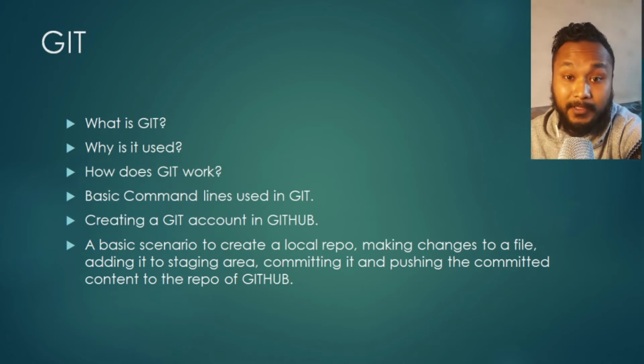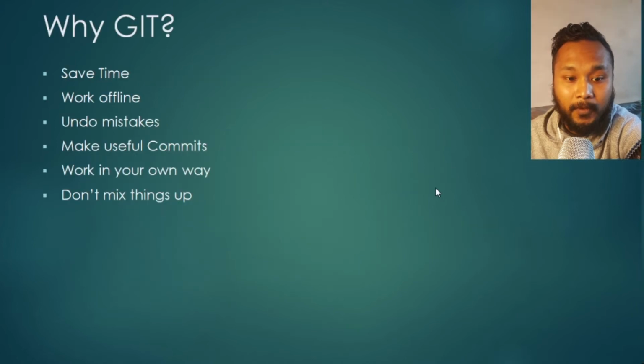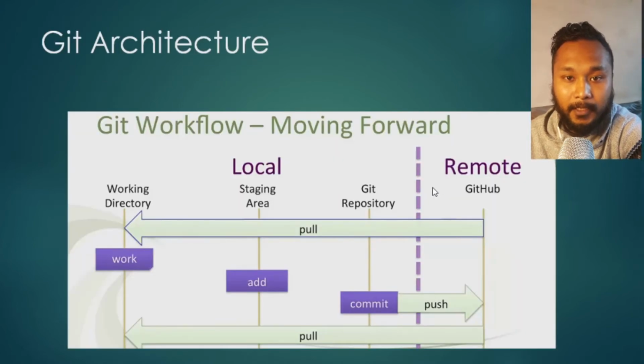And how does Git work? For that, I'm going to have to show you the architecture, the workflow of Git. So bear with me. Here is the slide on your viewing window. Here you have the working directory where you create the files and make changes to the files.